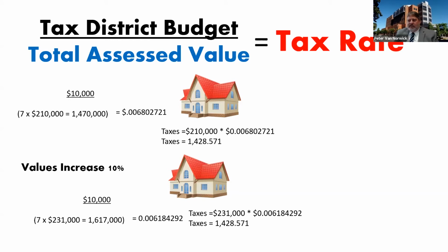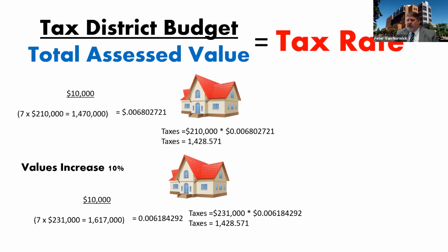A lot of times they tell us, well, our realtor told us this, or we were told this when we were buying the property. But in the state of Washington, it's a pretty easy formula. You take the tax district budget, and the tax district can be the county, it could be a city, it could be the library district, fire district.